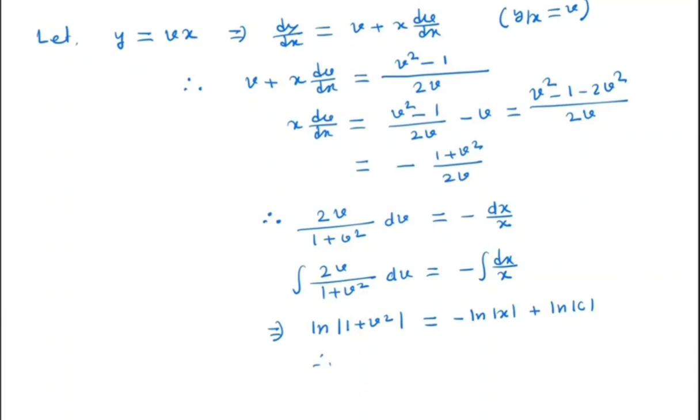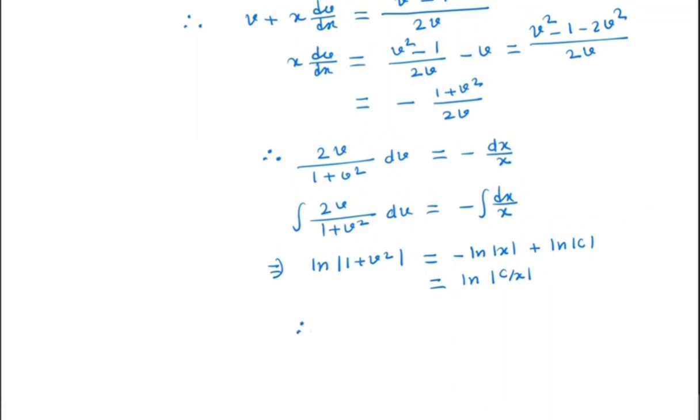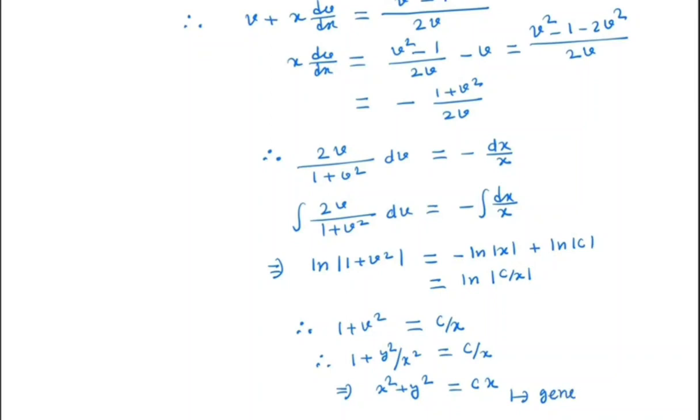So we can write it as ln(c by x). So we get 1 plus v square is equal to c by x. Now what is v? v is y by x. Now multiplying x square on both sides, we get x square plus y square equal to cx, which is the general solution of the given ODE.